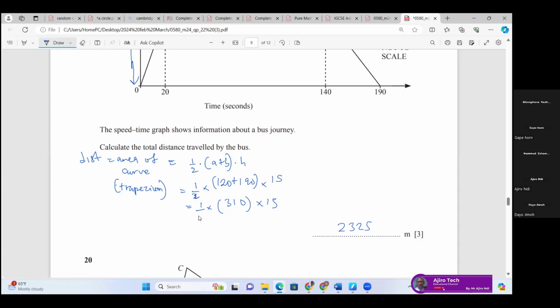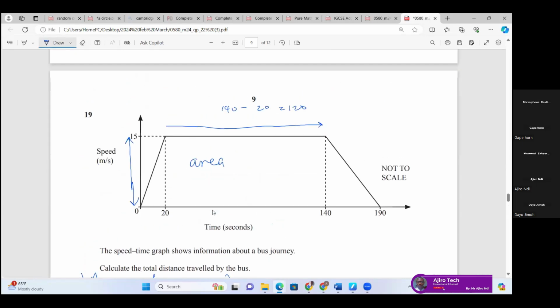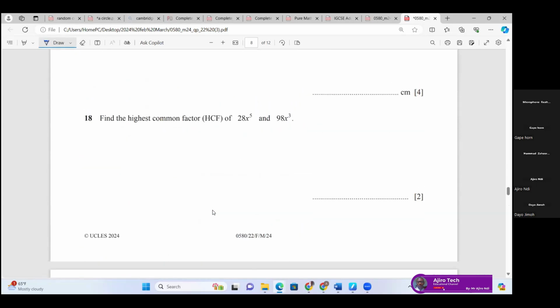So, moving on from here, number 18. I can write 28x to the power 5 as, I can see that, 2 times 2 times 7 times x, let me just say x to the power, between 5 and 3, which power is smaller? 3. x to the power 3 and raised to the power 2. 3 plus 2 is 5.